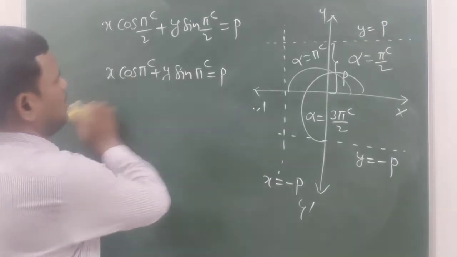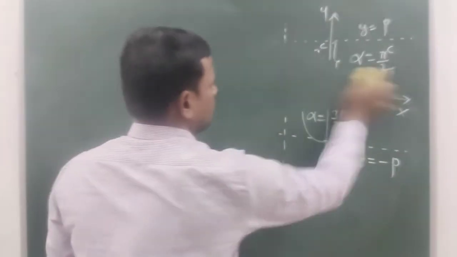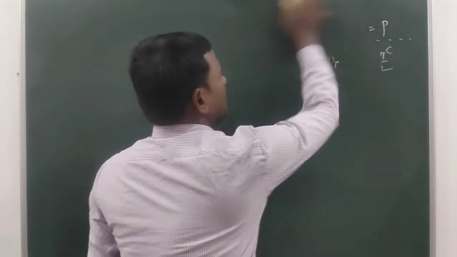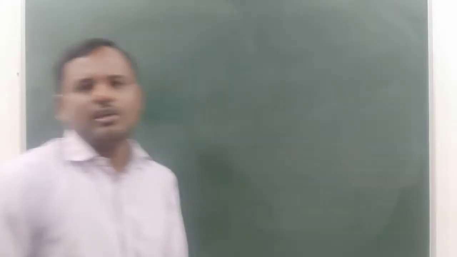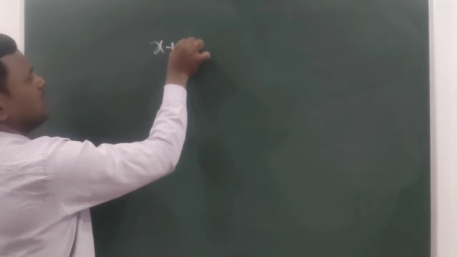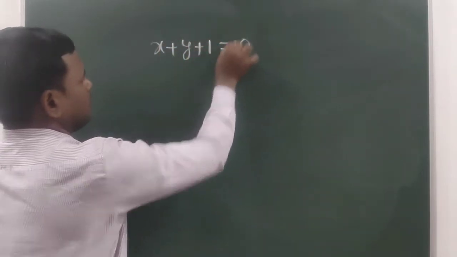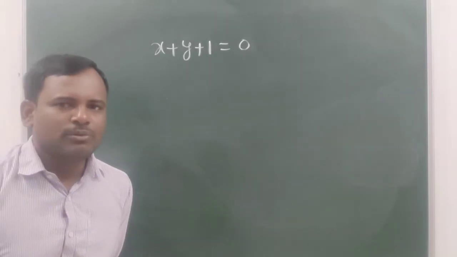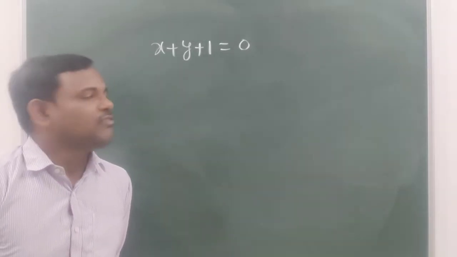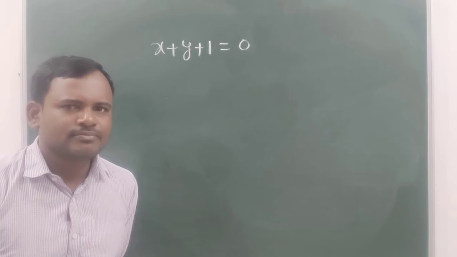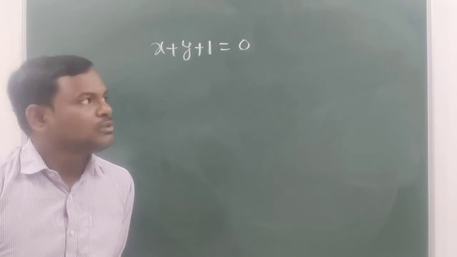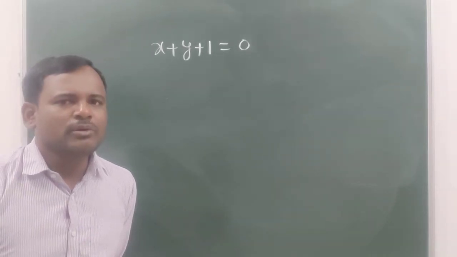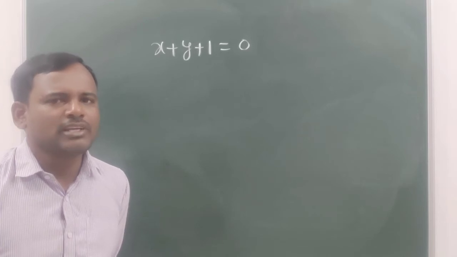Okay, right. Now let us go to one application. So here I am giving you one line equation in the Cartesian form. x plus y plus 1 equal to 0 is the equation of one line. So how is that line? Neither parallel to x-axis nor parallel to y-axis.